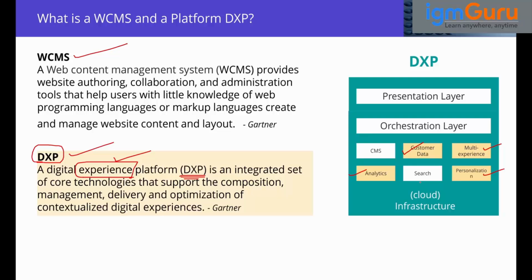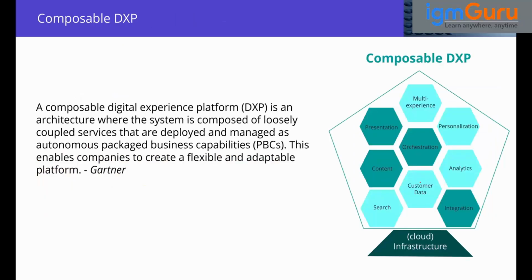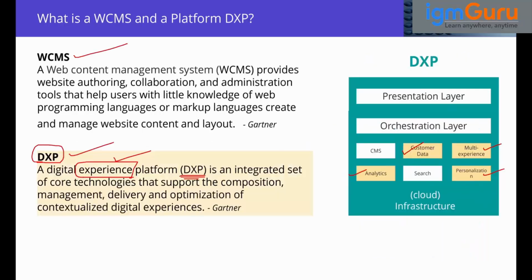But again, this is a little bit old. A new system is the composable DXP. So the problem with the earlier DXP is that, all right, you want to provide the digital experience. If you want to develop any website which is powered by a digital experience platform, you have to purchase a single product and you have to pay for all these features.